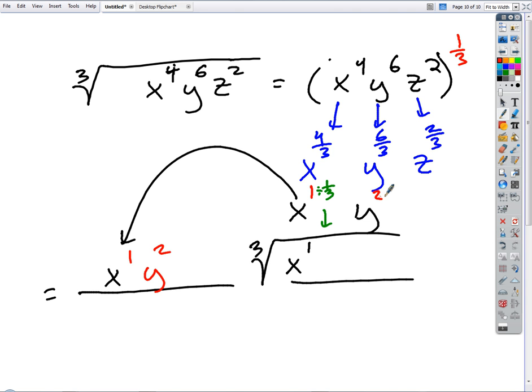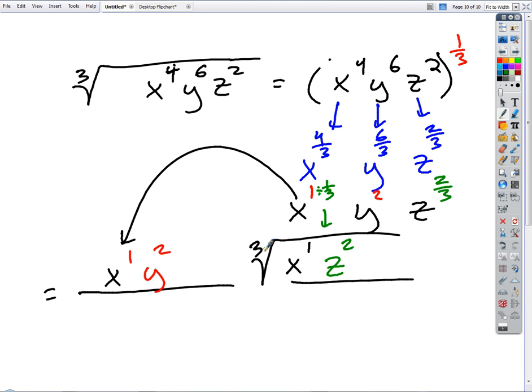What about 2/3? Well, as a mixed number, that's just a fraction. There is no integer, 3 doesn't go into 2. And so this one just becomes z to the 2/3. That's it. Isn't that easy?